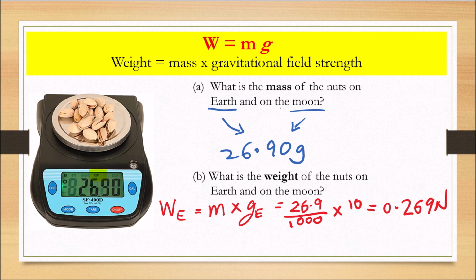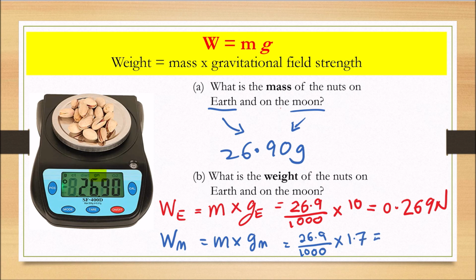And to find the weight on the moon, let me use another color. To find the weight on the moon, I'll take the mass multiplied by the gravitational field strength on the moon. Same thing, 26.9. To use this formula, mass has to be in kilograms. The gravitational field strength on the moon is 1.7. Sorry, I think I should have written it in this question. You don't need to memorize the moon's one, but this 10 you need to.